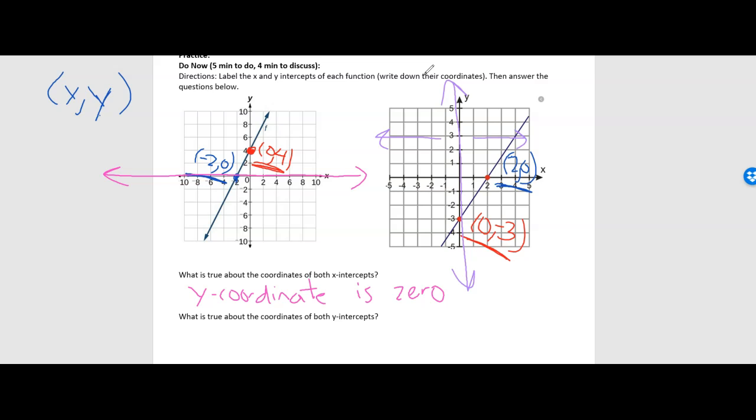We've stayed right on that axis, so our x-coordinate is always going to be 0. If you can remember this takeaway, that to find the x-intercept the y-coordinate must be 0, and to find the y-intercept the x-coordinate must be 0, you're basically going to be able to solve any of these problems.